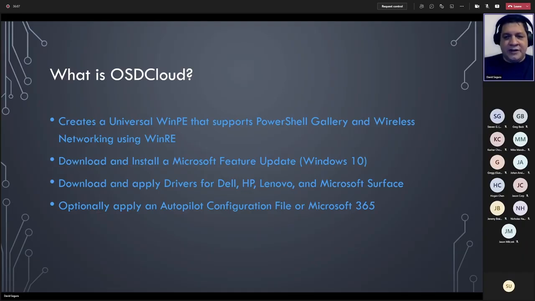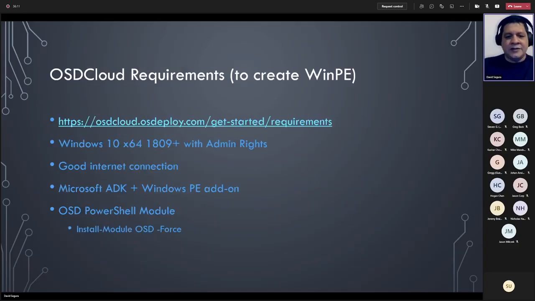So in this case, OSDCloud doesn't use any infrastructure, only an internet connection. And in order to kick off OSDCloud, as I mentioned, PowerShell Gallery has to work in WinPE, but there are some minimum requirements: Windows 10 1809, and a good fast internet connection.